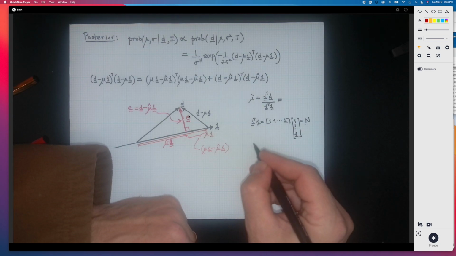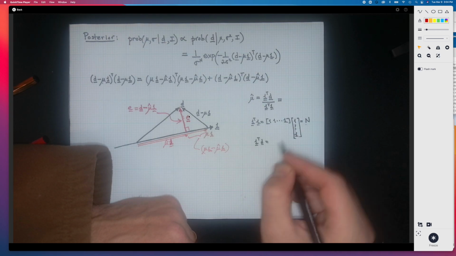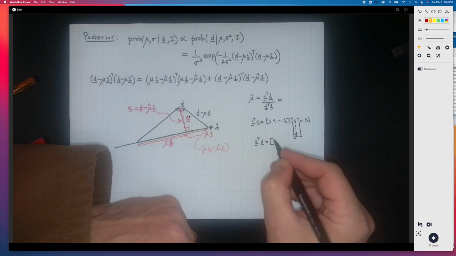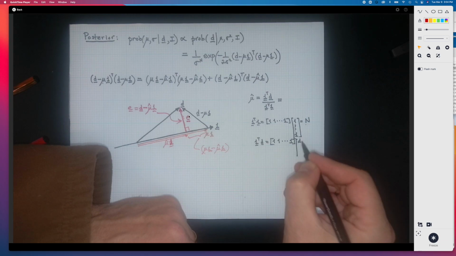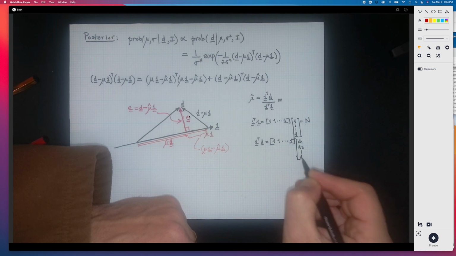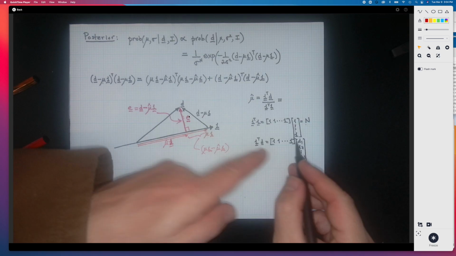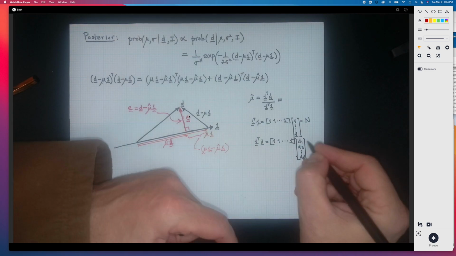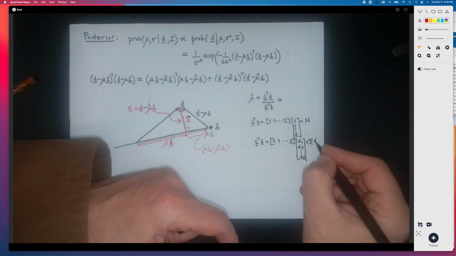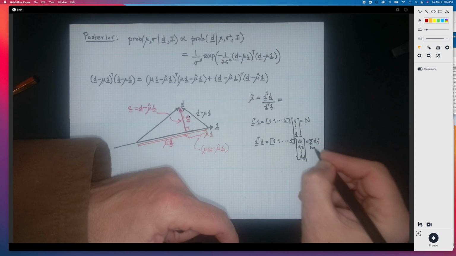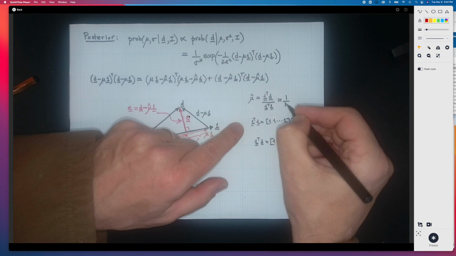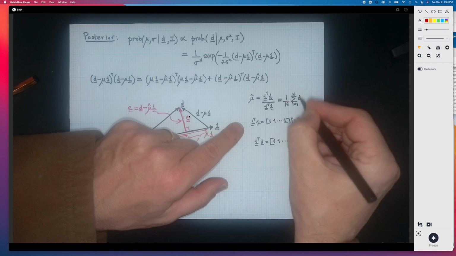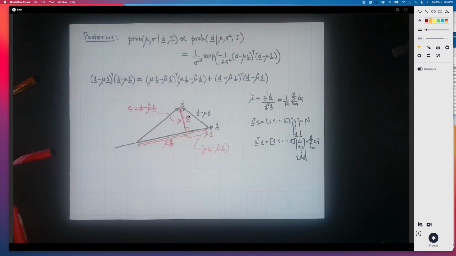And 1 transpose d is 1, 1, 1 multiplied by d1, d2, all the way up to dn, so that's just d1 plus d2 plus d3, the sum of the d's. So this formula is just 1 over n times the sum from 1 to n of d sub i. So it's just the arithmetic mean.